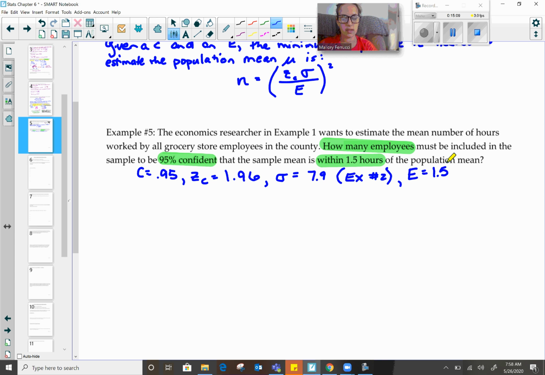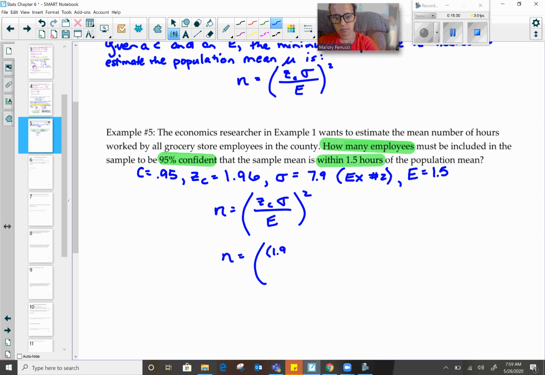Okay, so now it's just a plug and chug. We have n equals z sub c sigma over e, and we're squaring this whole thing. So we have 1.96 times 7.9 all over 1.5.